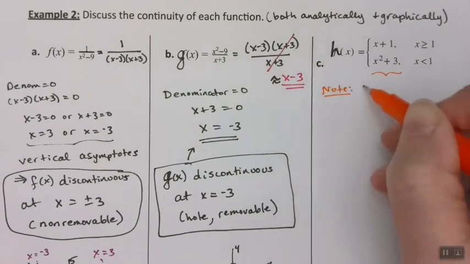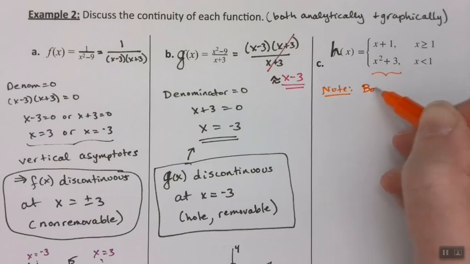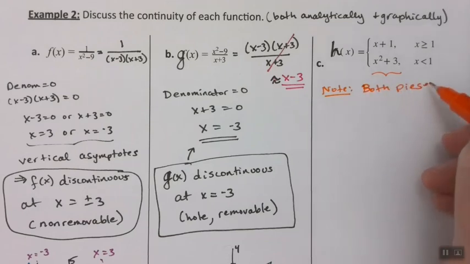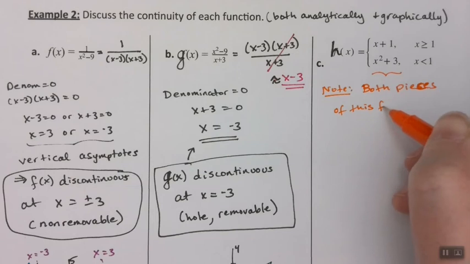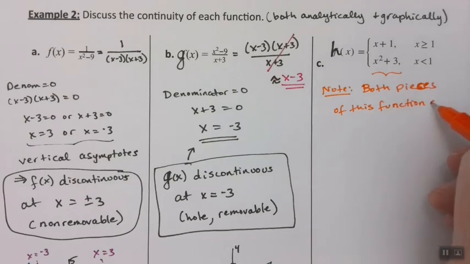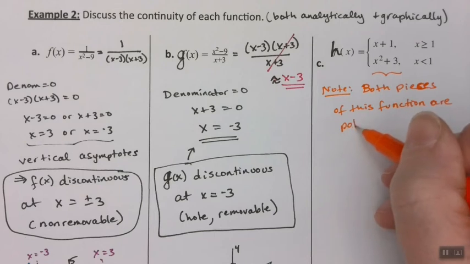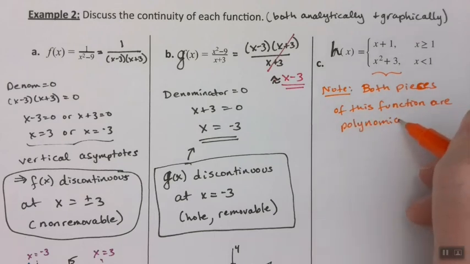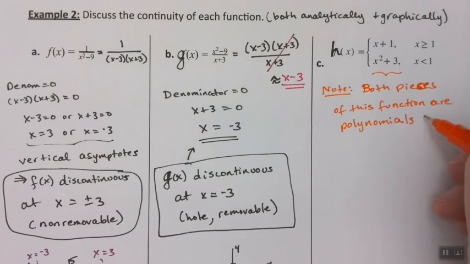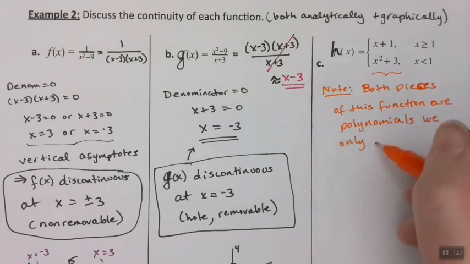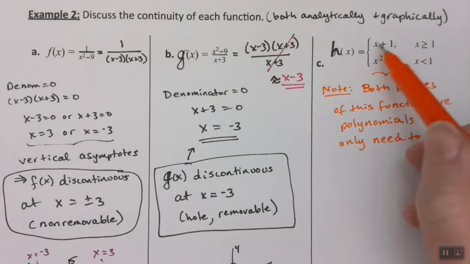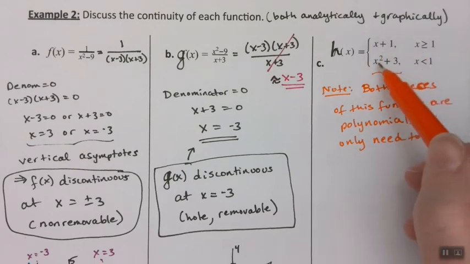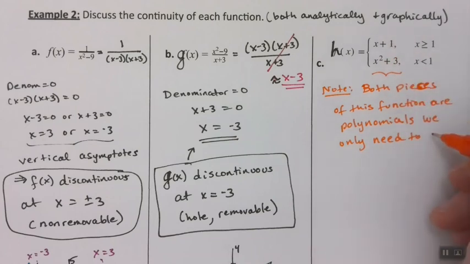Since both pieces of this function are polynomials, we only need to check x equals 1 because any other value would be fine, right? 2, 3, 4, 5, 2.5, 2.25, it doesn't matter. They'll all be fine, right? This is a smooth line, that's a smooth curve, that's a parabola, that's a line. So we only need to check x equals 1.